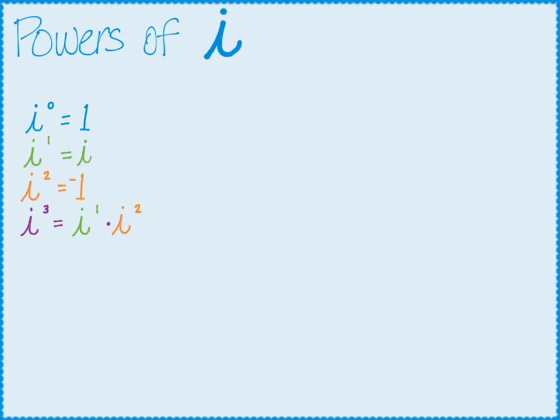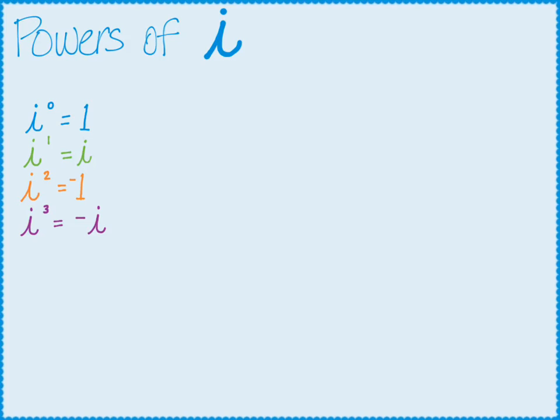But in our list right above, we can see that i to the first is just i, and that i squared is -1. So i cubed becomes i times -1, and when we multiply those together, we just get -i. So here are the first 4 powers of i. i to the 0 is 1, i to the first is i, i squared is -1, and i cubed is -i.